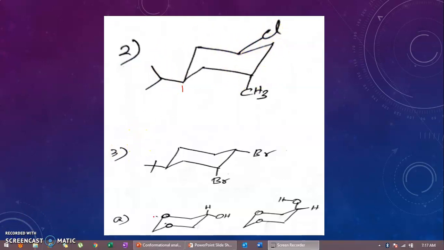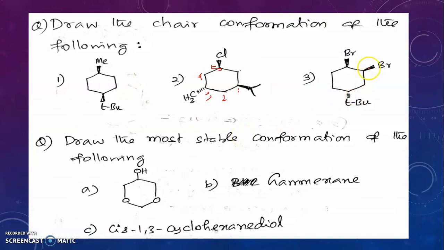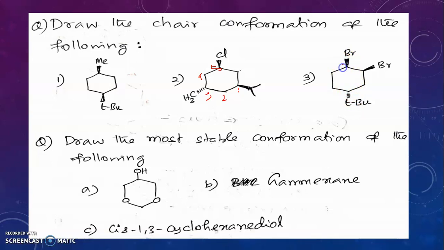Okay. Then the next question. Here we have a tertiary butyl group and 2 bromine atoms. Suppose if I take this carbon as number 1, this is 2, 3 and 4.